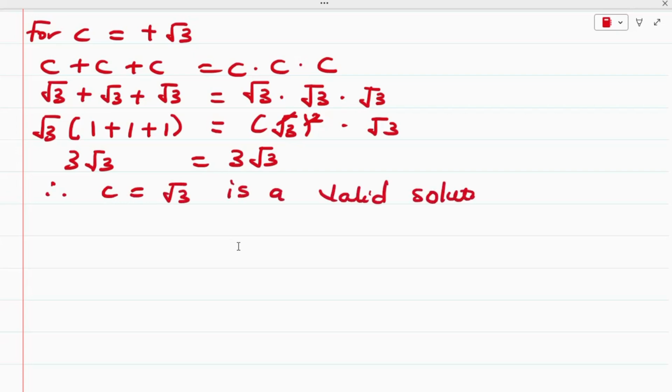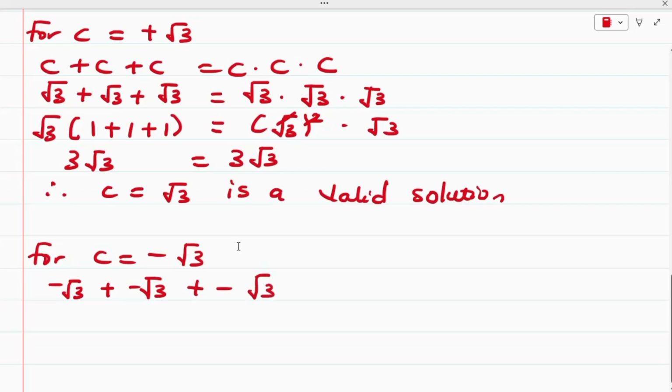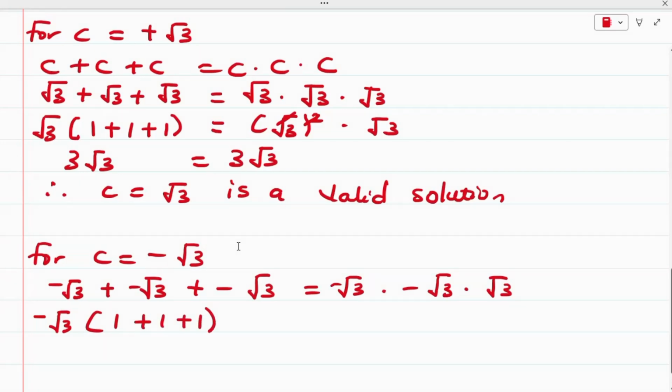So lastly, let's solve for the last value of c, which is c equals negative root 3. So we have negative root 3 plus negative root 3 plus negative root 3 is equal to negative root 3 multiply negative root 3 multiply negative root 3. So for here we have negative root 3 to be a common term into 1 plus 1 plus 1. So for this part, negative multiply negative is positive.